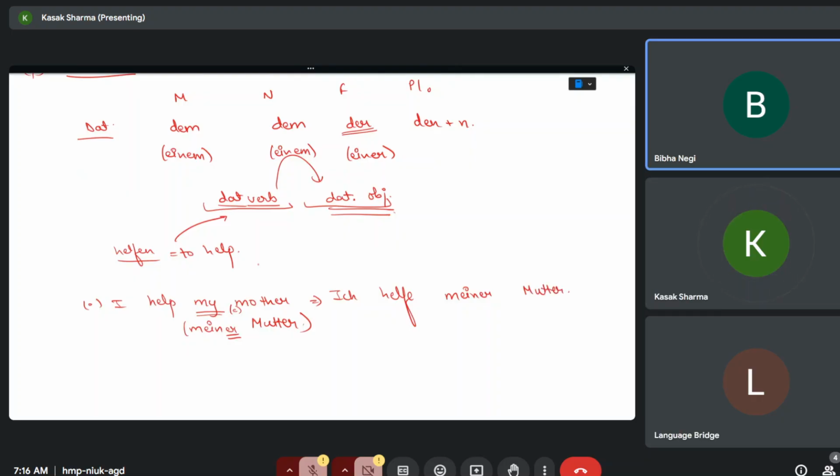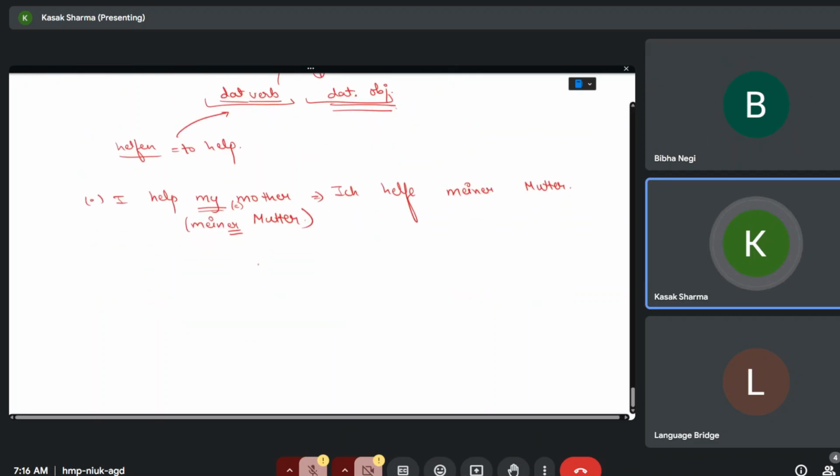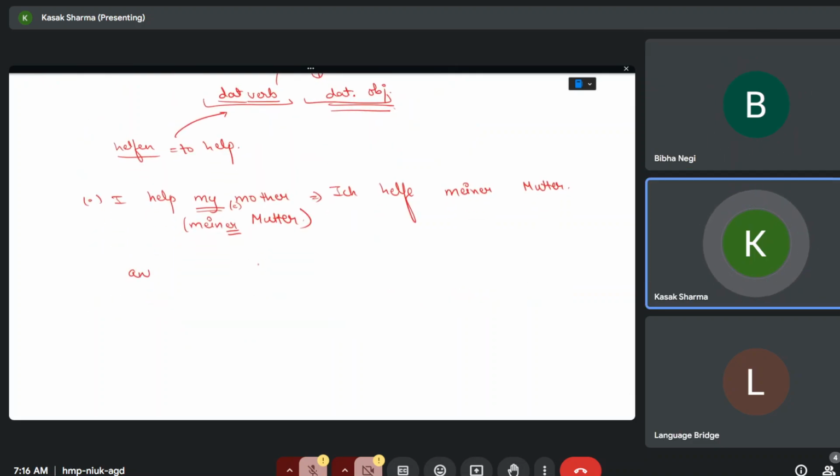Let's use the other verb, which is antworten. This means to answer or to reply. For example, she answers her father.